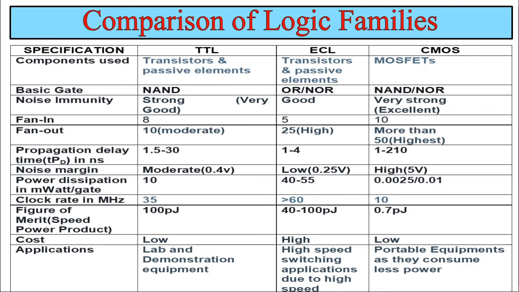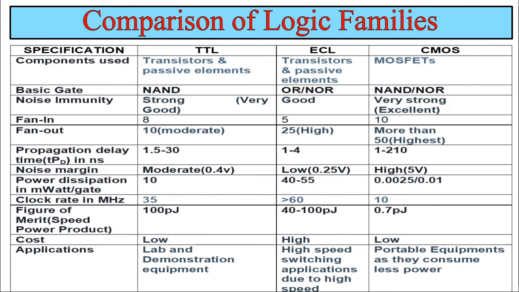The noise margin in TTL is moderate, or in terms of voltage it is nearly equal to 0.4 volt. Then in ECL noise margin is very low, that is about 0.25 volt, and in case of CMOS the noise margin is very high, nearly equal to 5 volt.